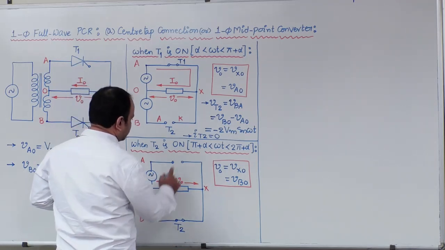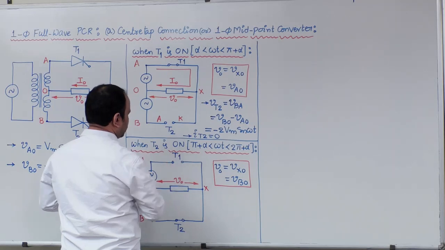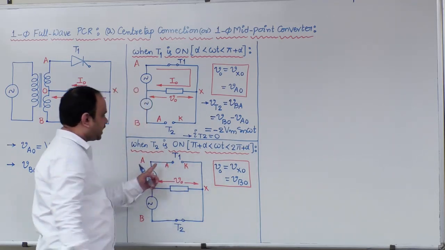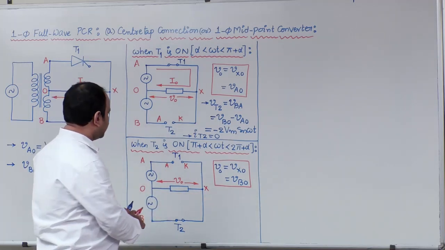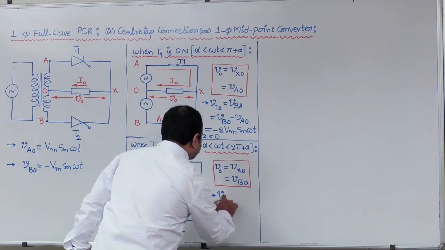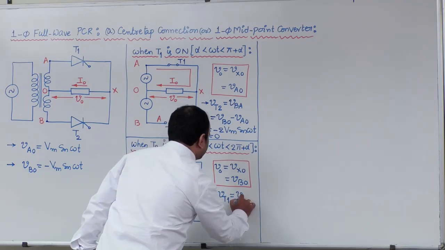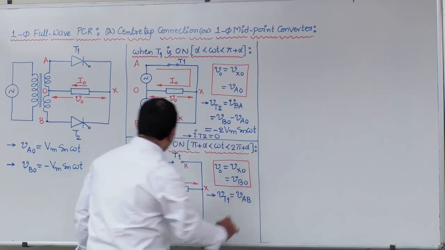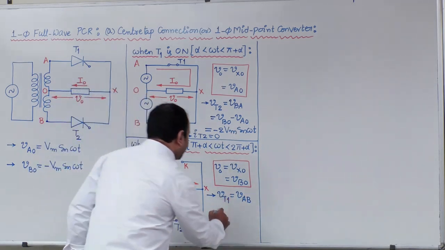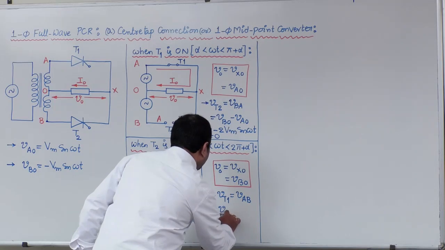So here T2 is on. Now let us look at the voltage across T1 device, that is anode with respect to cathode. Under this condition, VT1 is equal to VAB. So what is VAB now?